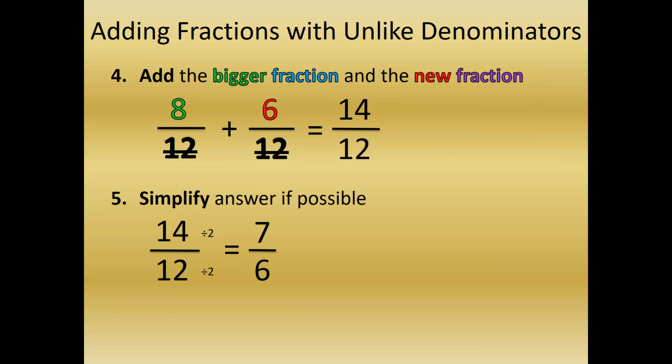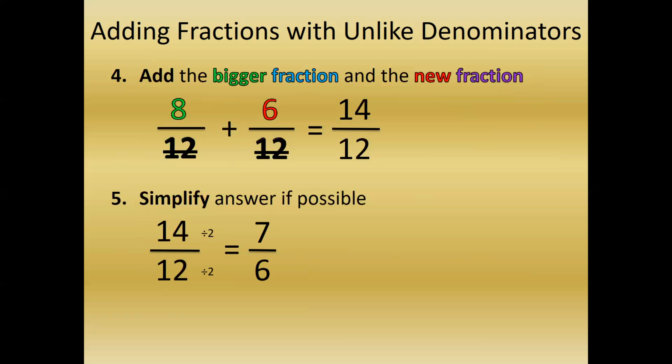So are we done now? Is this it? No. Remember, this is an improper fraction. We don't like improper fractions. We want to get rid of them. They are improper; we need them proper. In order to do that, we have to create a mixed number. Remember before, we would do our division, and any remainder would become the extra.